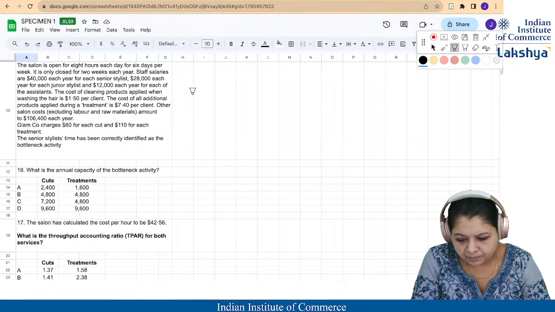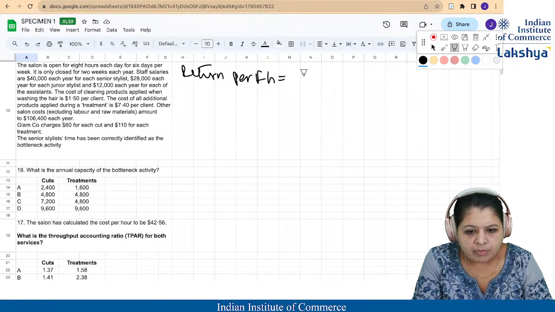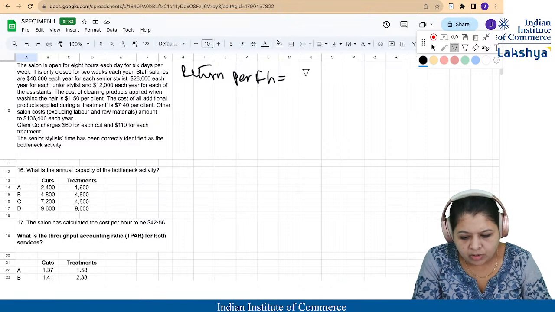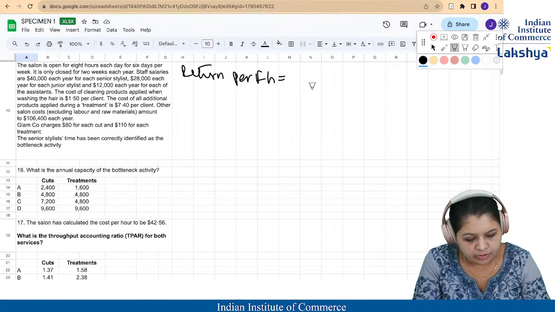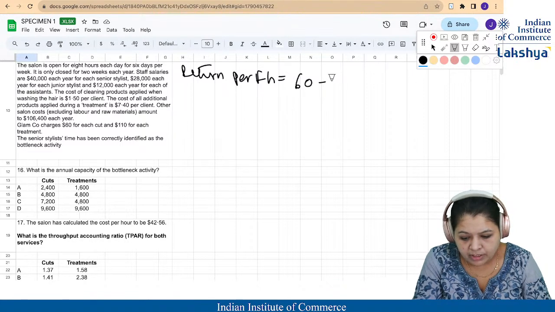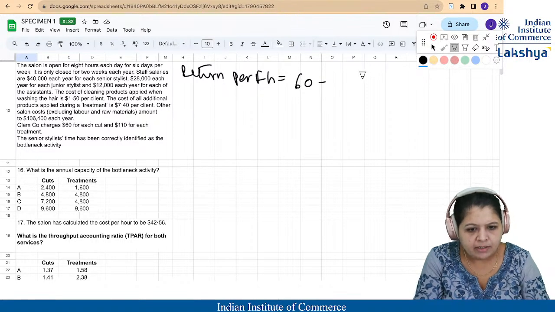So first, my return per factory hour. What the salon is charging for cuts is 60, right? So I'm going to take 60 minus my direct material cost. The material is only this 1.5 for washing the hair, for the haircut.